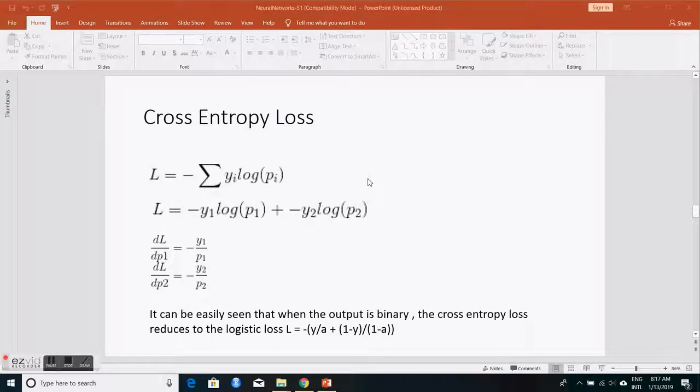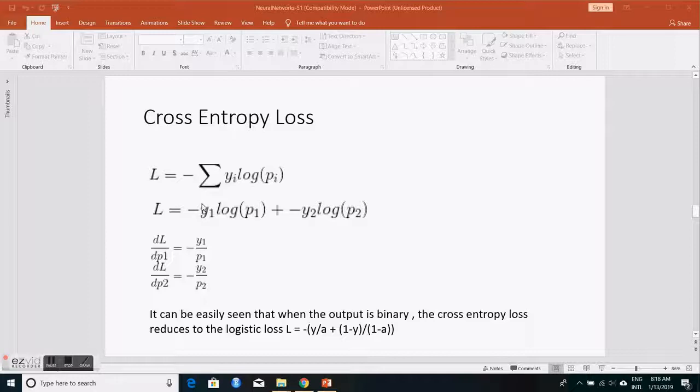Now in binary classification we saw the log loss. When you have multi-class classification, the loss is known as the cross entropy loss, and is given as L is equal to minus sigma of yi log of pi. That is the value of the output label yi and the probability of that label occurring.